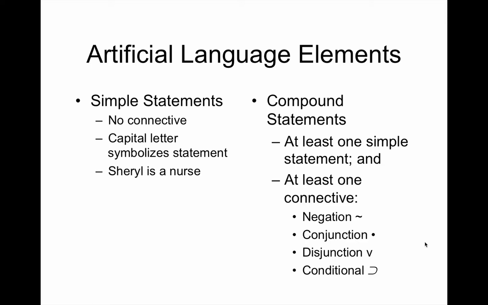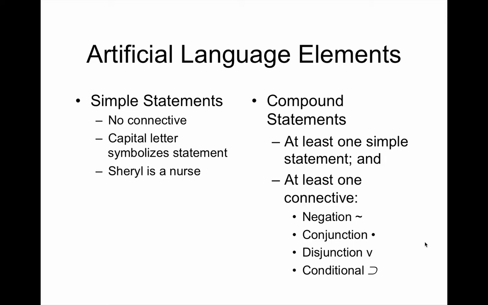Now again, just a reminder, the elements in the artificial language that we're using in natural deduction are meant to reveal the logical structure of ordinary language statements. They may be hard to read at first, but they make working with really complicated statements visually much easier.